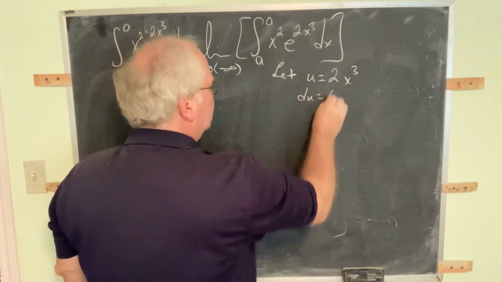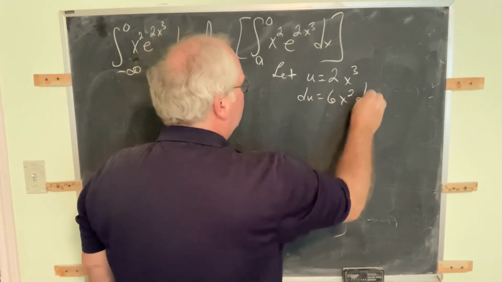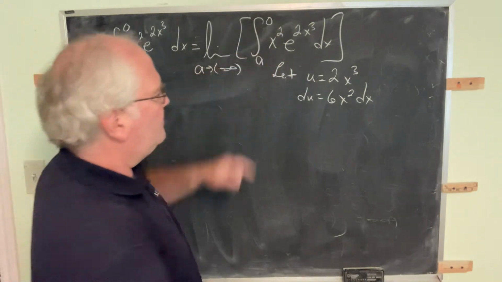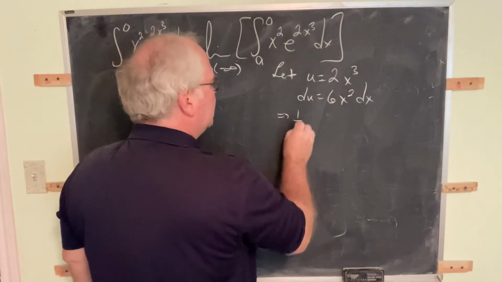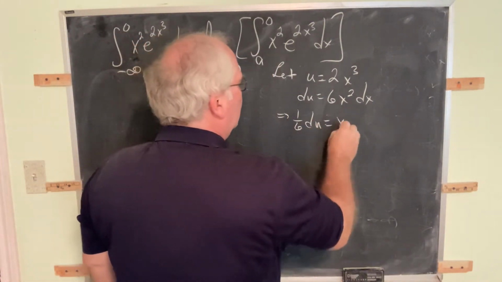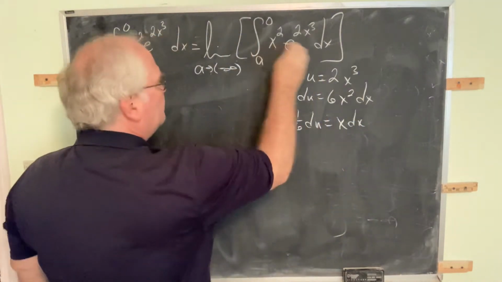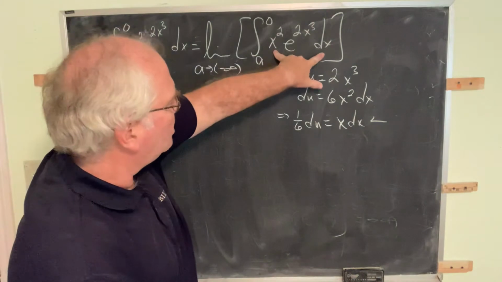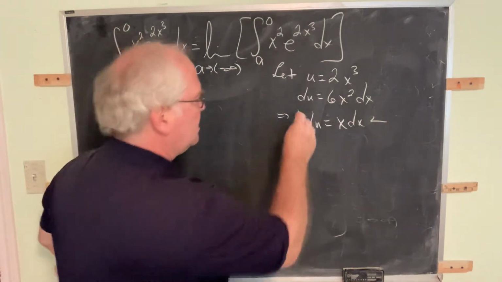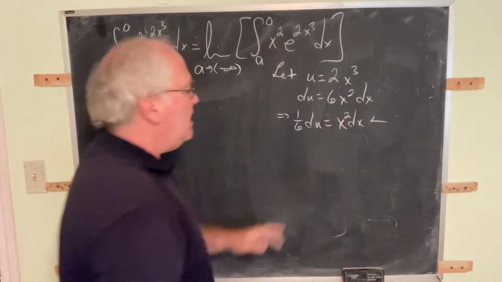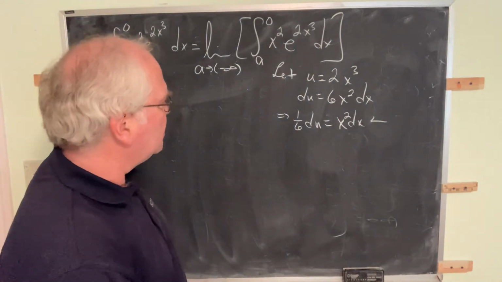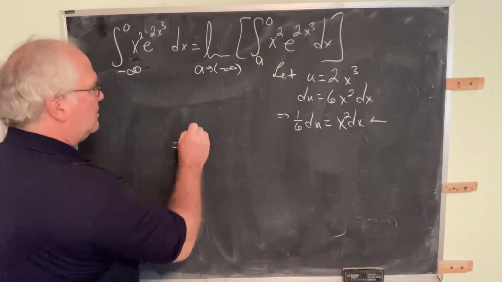The differential is 6x to the second dx. I don't want 6x to the second, I just want x to the second, so we can get rid of this with a 1/6 du. And so the substitution is now exact. We have e raised to the u, and all of the leftover bit is exactly what we want it to be.